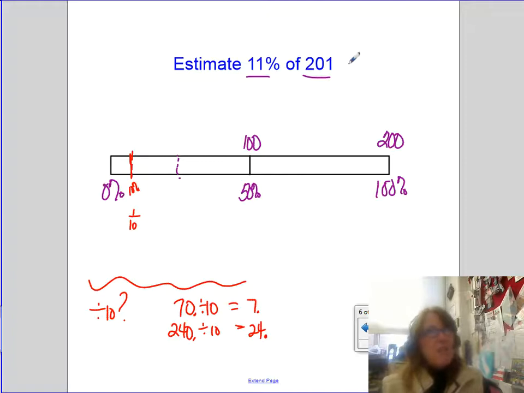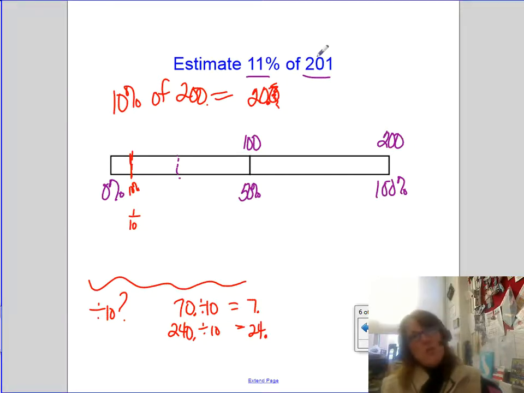That means it's always very easy to benchmark 10%, because 10% of a number means move your decimal point in one spot. 10% of 200 is going to look like this. Instead of the decimal point being here, it's going to go right there. So now it's 20. That's delightful.